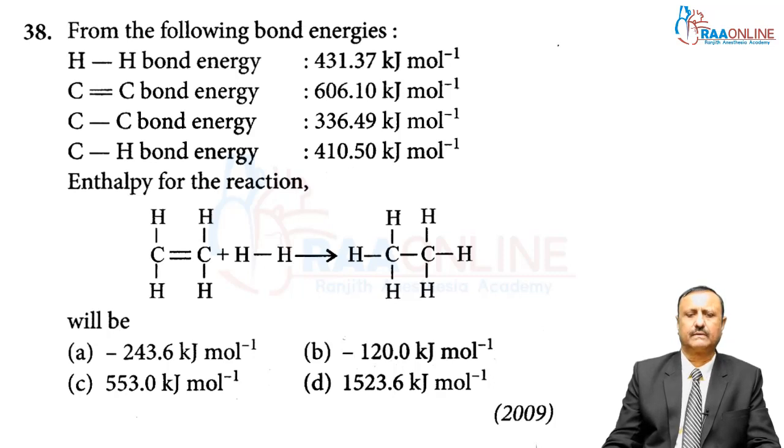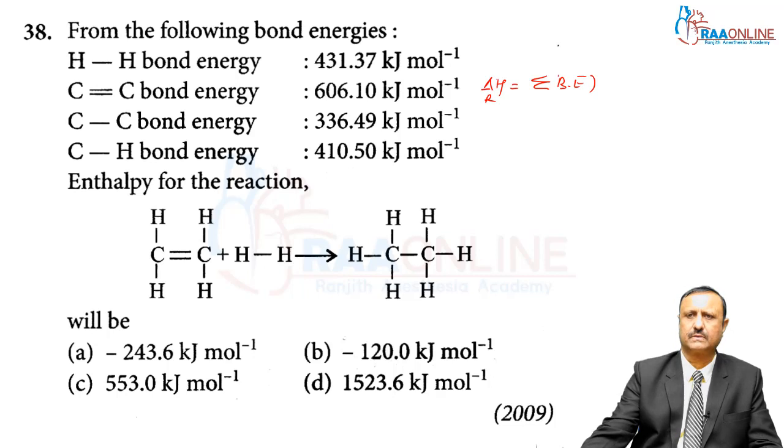Question number 38, this is the same type of question in which you can see, from the following bond energies, you can always see delta H of the reaction equals the summation of bond energies of reactants minus the summation of bond energy of products.